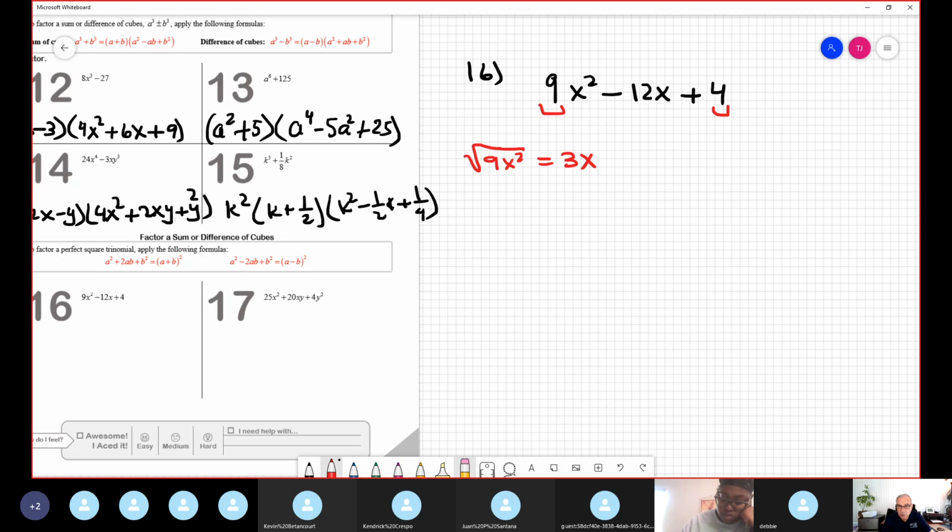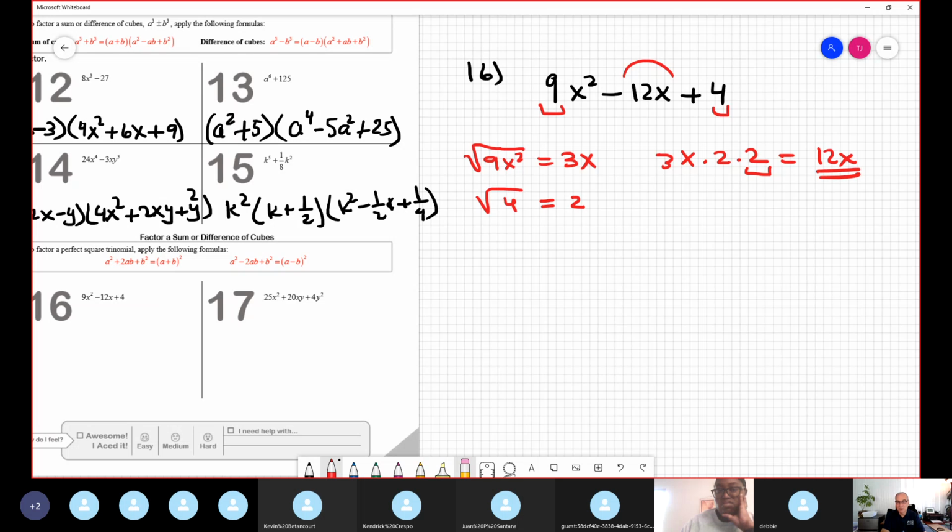You find the square root of this guy, square root of 4 is 2. And you multiply both times extra 2. 3x times 2 times extra, this is the extra guy. And you get 12x, is exactly the same as this middle term.